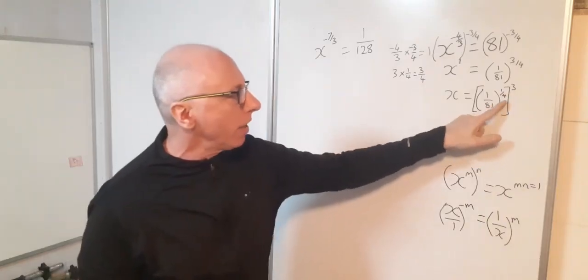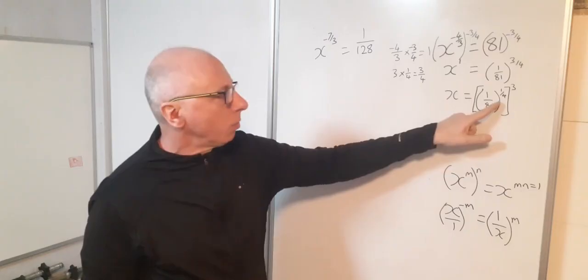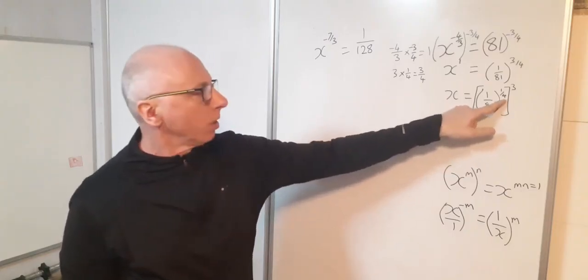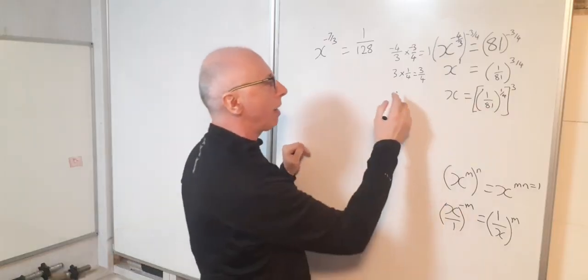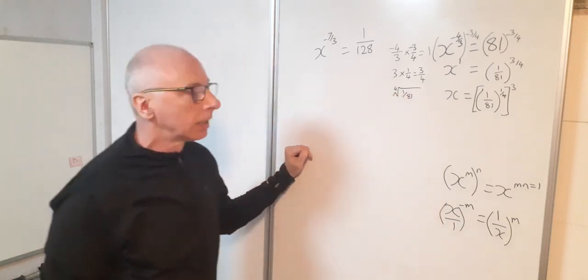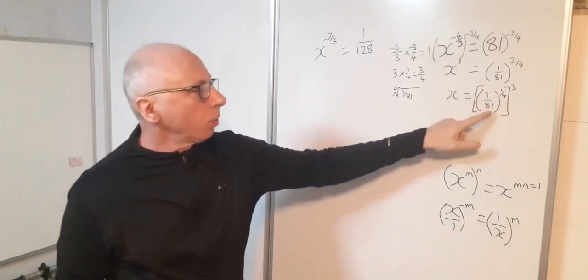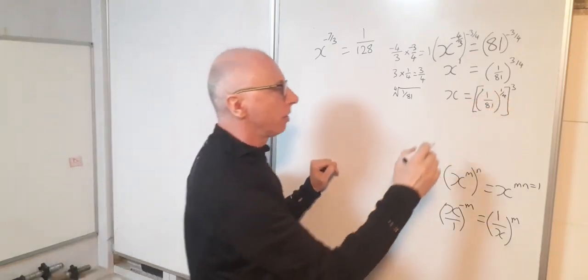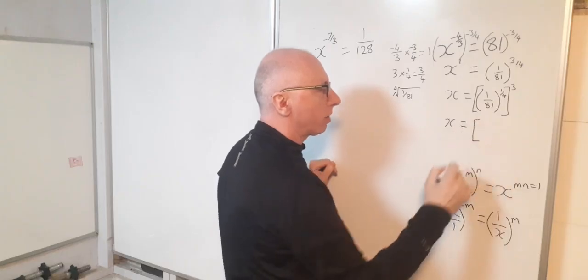So now I'm going to apply that. What's the quarter mean? If I've got a number here, 1 over 81, what that means is the 4th root of 1 over 81. So now I can put the quarter into these brackets. Let's keep the square ones.